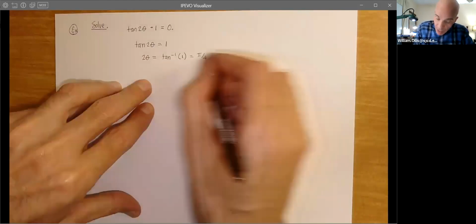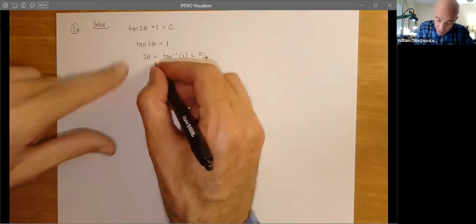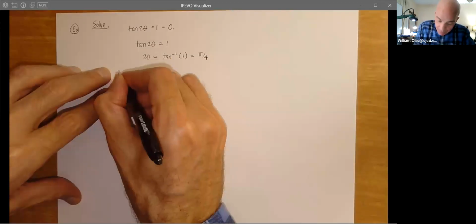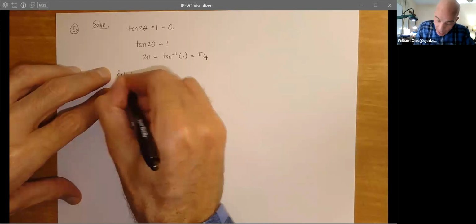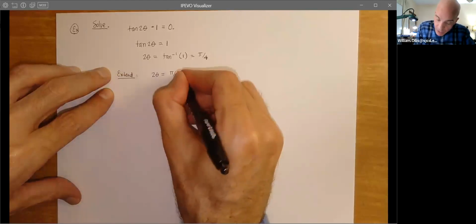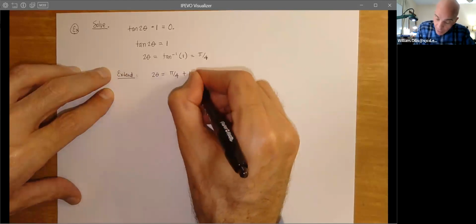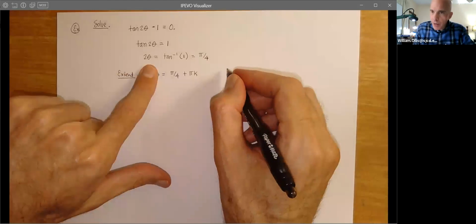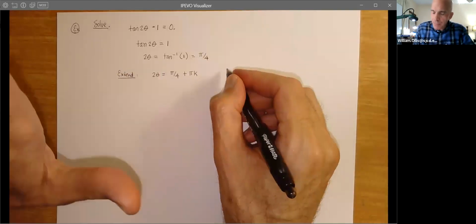So now how do we deal with this 2 theta? We extend. So 2 theta can now be pi over 4 plus any multiple of pi. We extend this like it's just one variable, like ax or something.